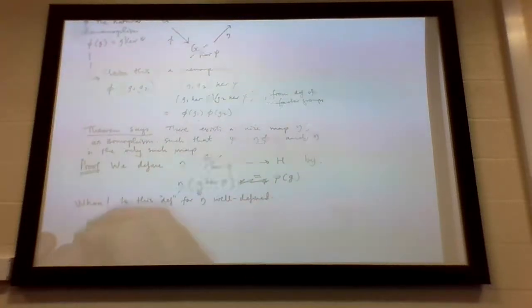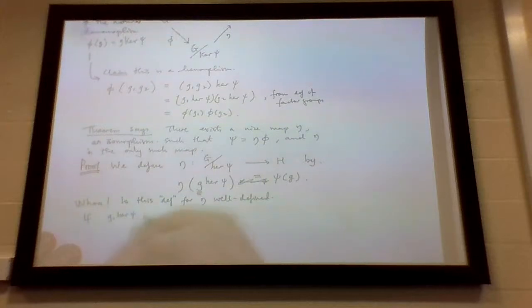In other words, if g1 times the kernel equals g2 times the kernel, so now we introduce two different representatives for the same coset, g1 and g2, is eta of g1 equal to eta of g2? It has to be, in order for the definition to be good.